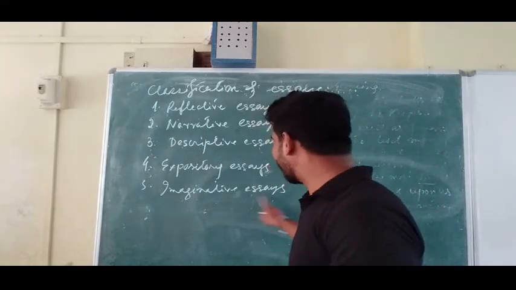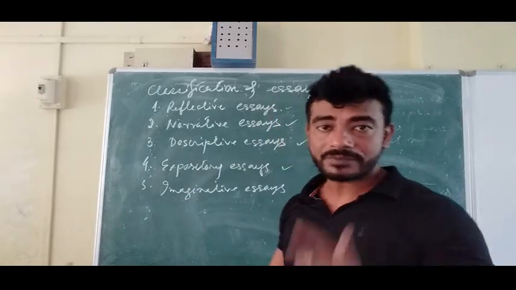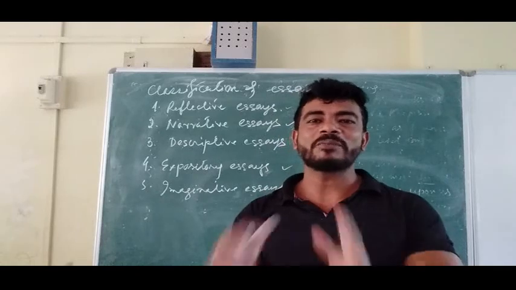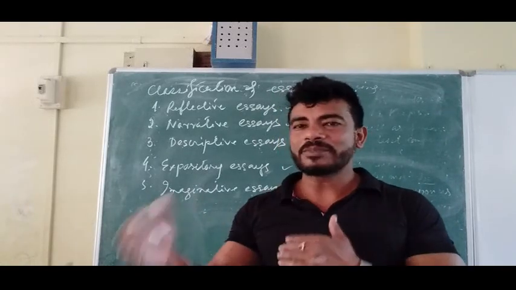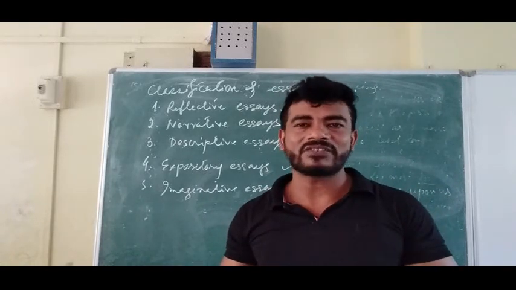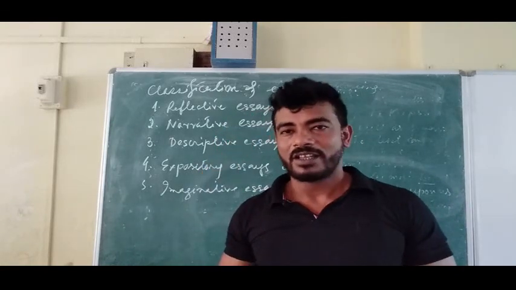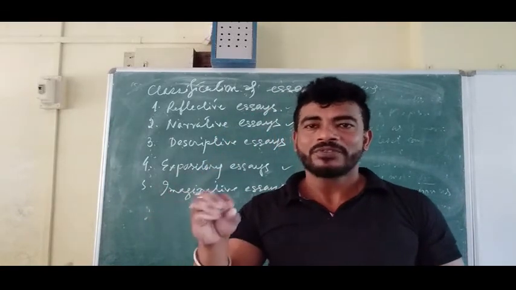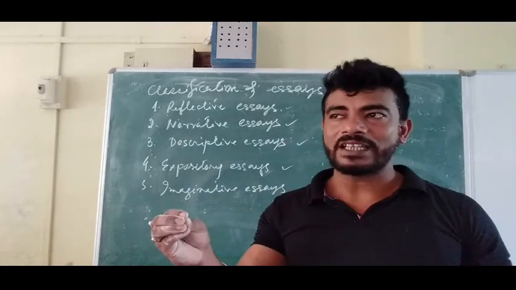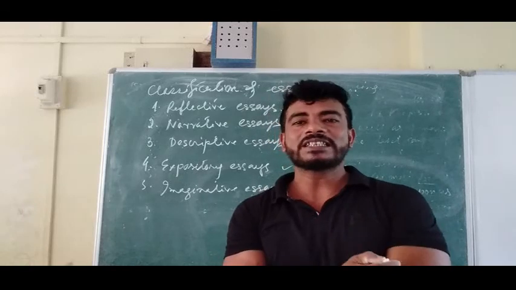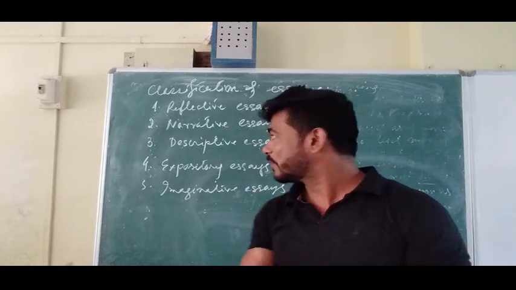And the last one is imaginative essays. As I have already told you, in the imaginative essays, we have to imagine something to be, or some things are imagined by the essay writer. After that, he or she writes out of his or her imagination. And those essays, I told you, differ from person to person. Your essay might be different from another one's essay. So these are all about the different types of essays.